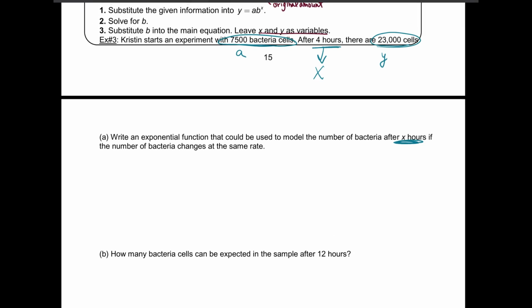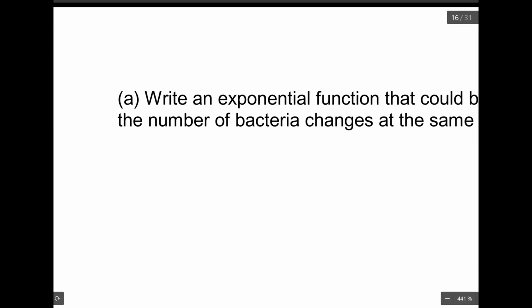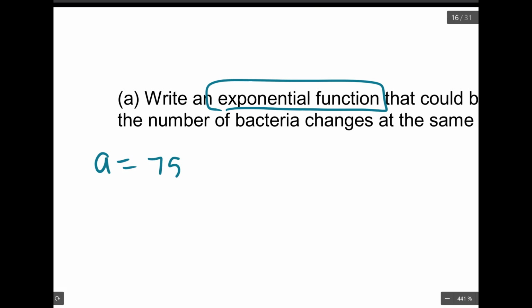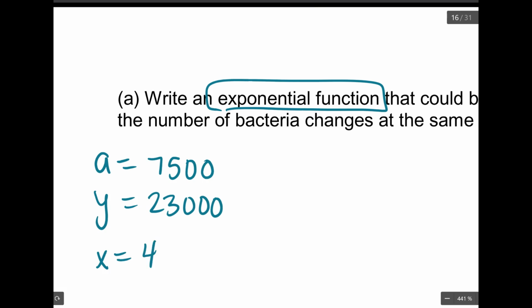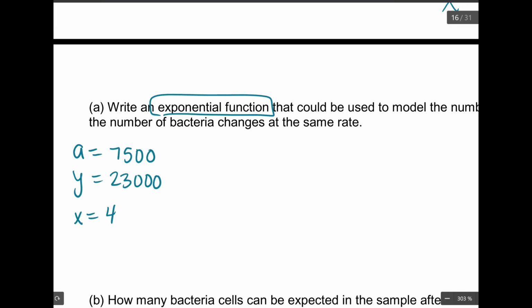So part A, we're writing an exponential function. My A value is 7,500, that's how much I start with. My Y is 23,000 because that's how much I end with. My X is 4 because here X is the number of hours. The general form is Y equals A times B to the X power.